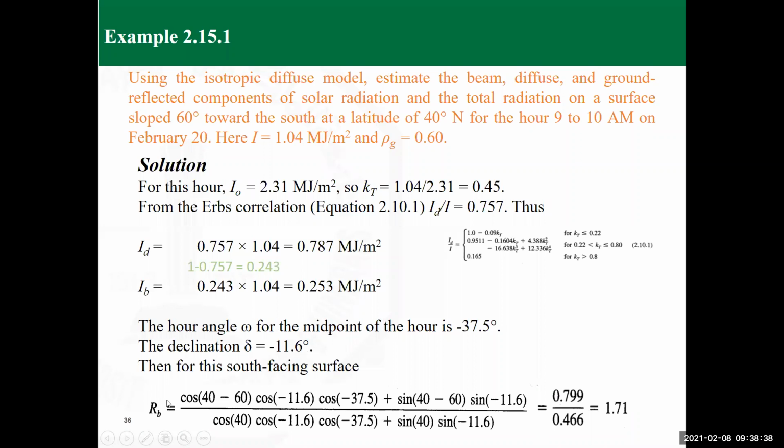You take these values and substitute them in the RB equation. RB is the fraction of the beam radiation, and we covered that at the end of chapter 1. It can be calculated here as 1.71 of the horizontal radiation. This is how the beam radiation is expected on that surface of beta equal to 60.